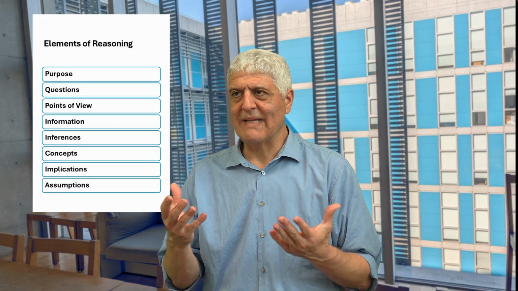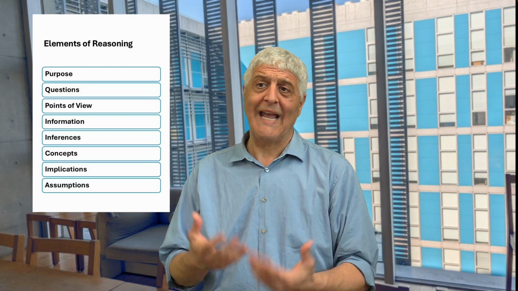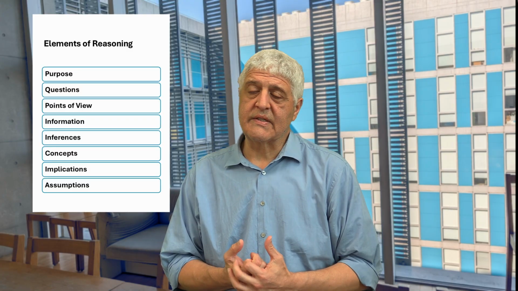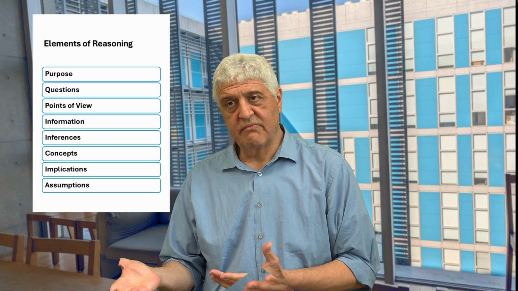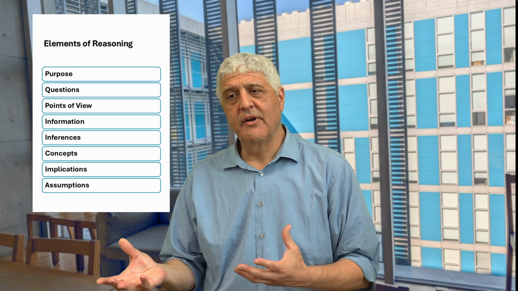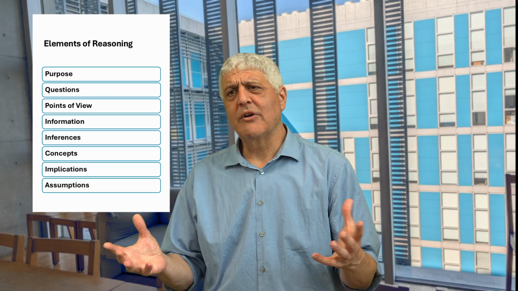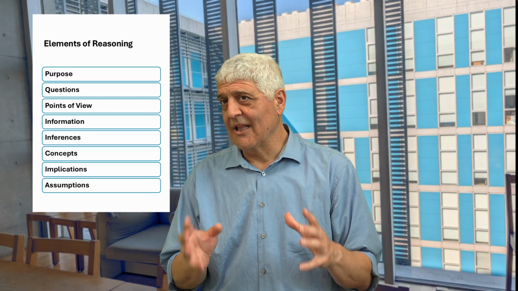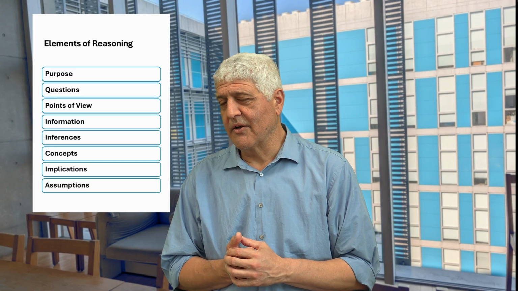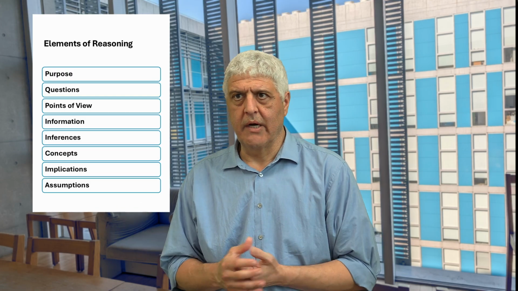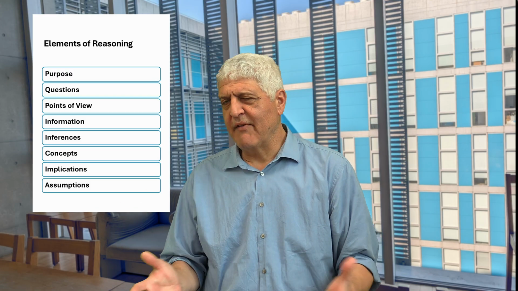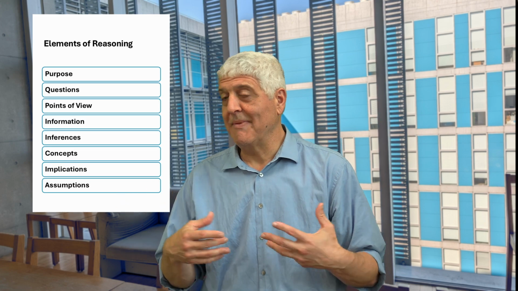Those 8 elements give us the vocabulary to discuss the topics. Other frameworks might use different words, but generally you can always come back to these 8 elements in the Paul and Elder model, and you don't have to worry about a large vocabulary. If everybody's on the same page with Paul and Elder, it makes it a lot easier.